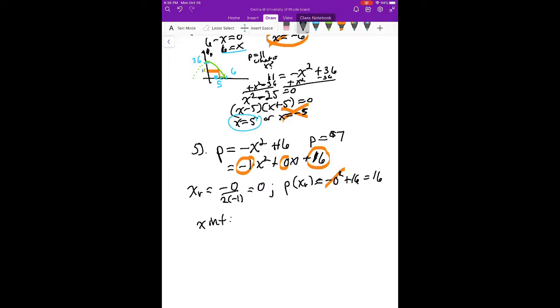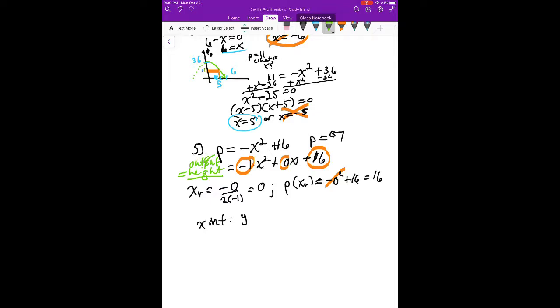And to do that, we're going to set y, but here, remember that this is the output. And the output of a function is the same thing as the height. All right, so this is like the y.